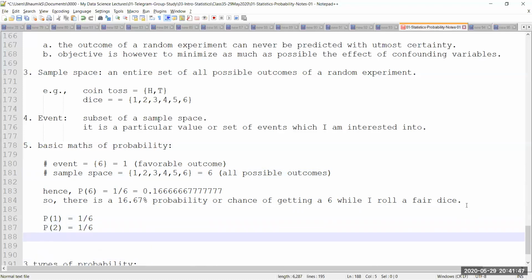Now why I am doing this is because if I take the individual probabilities of the possible set of events, give me a minute.